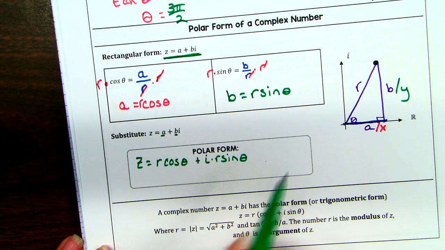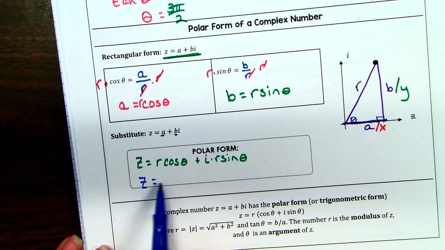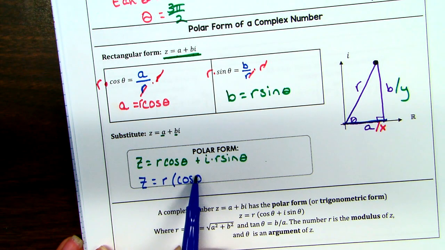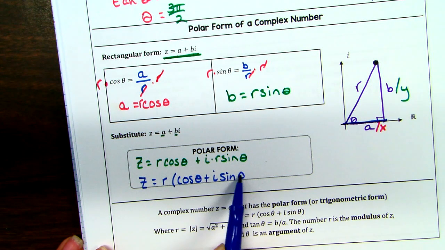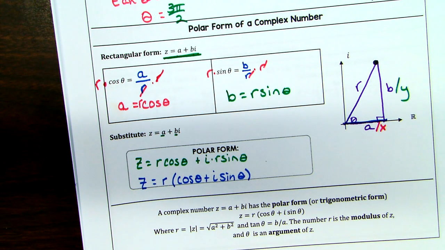If you already wrote it at the end, it's not wrong. So that's one way of seeing it written. Kind of a shortcut way of writing it is factoring the R out, since it's the same for both of them, and writing it like that. So these are both polar form of a complex number. Again, complex just means there's an I thrown in there. Okay?